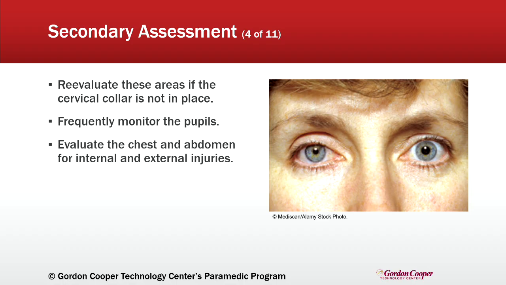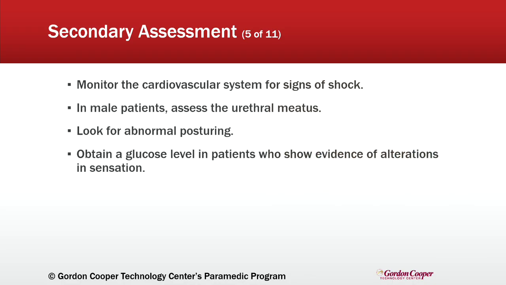If the patient's alert, evaluate the extraocular movements and look for any nystagmus. You should also evaluate the pupil's ability to accommodate focal length changes. And finally, evaluate the chest and abdomen for both internal and external injuries. You should monitor the cardiovascular system for signs of shock.